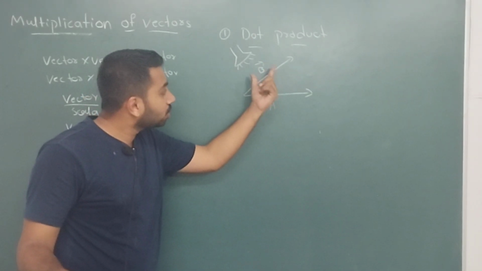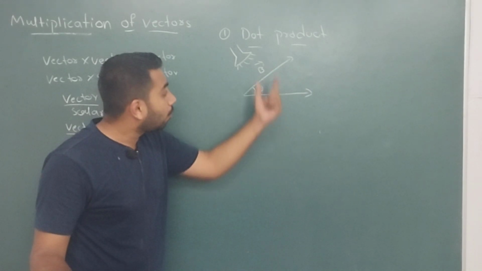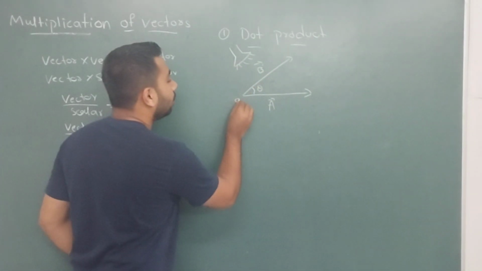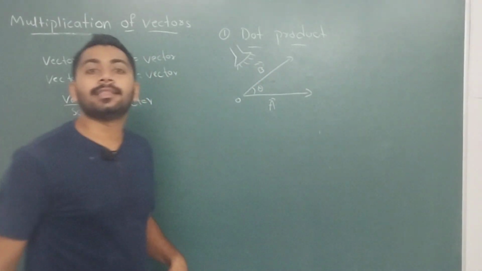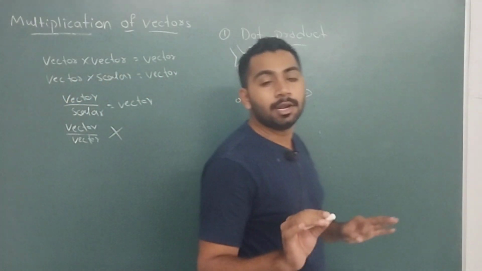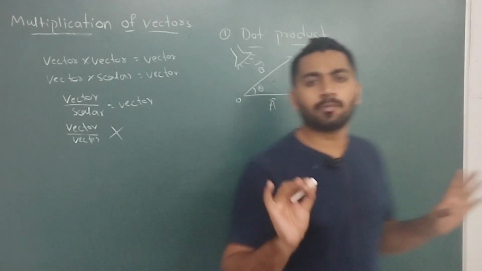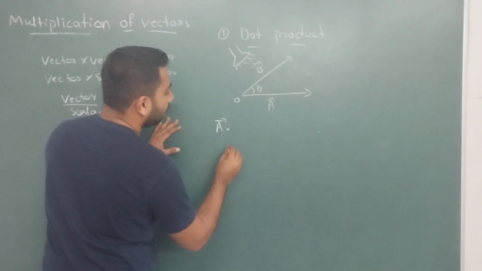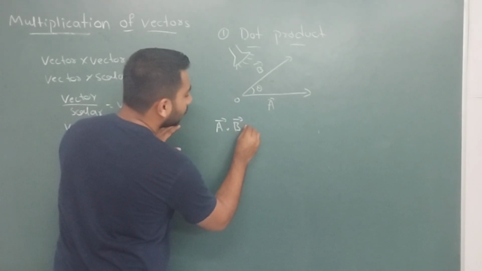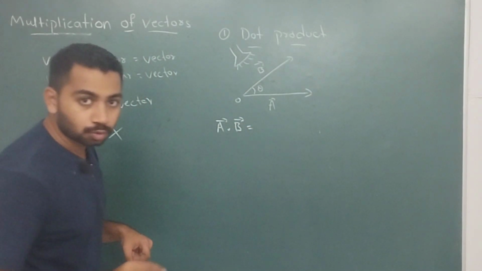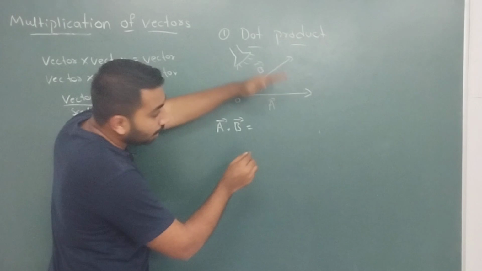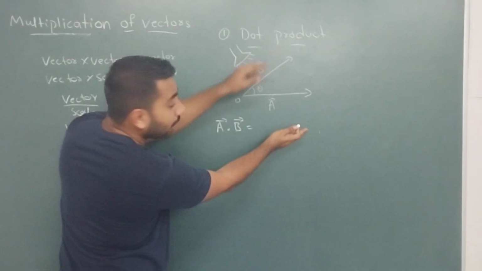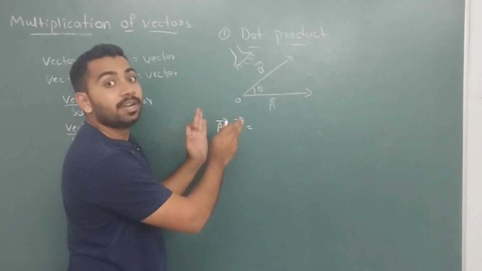So you can say projection of B on A is called your dot product of vectors. We will take dot product of vector A and vector B equals projection of B on A. If B is projecting on A, then what does it become?